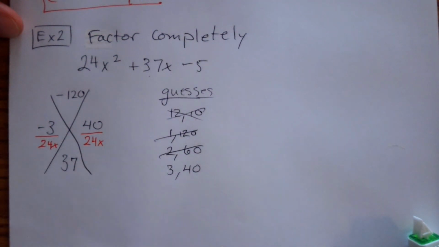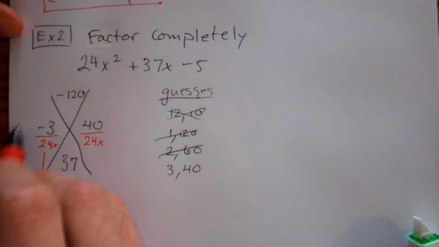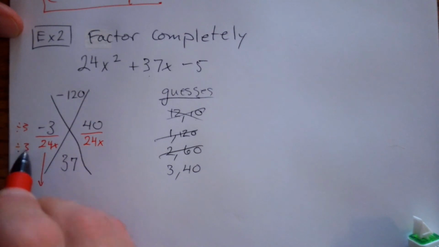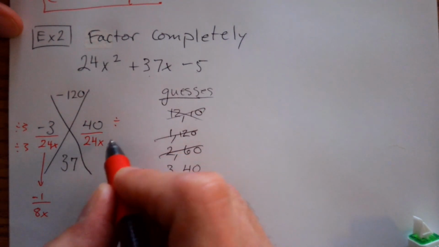And so we're going to reduce. I can divide this one by 3. So yeah, you got to take your time and be careful on this and try and figure out what you can reduce by. So this would be negative 1 over 8x. Reduce this one by what? I don't know.